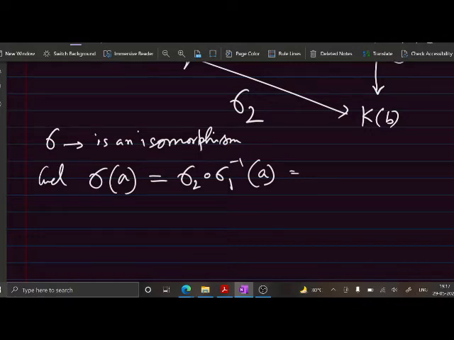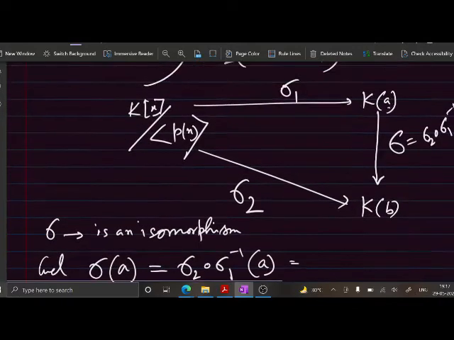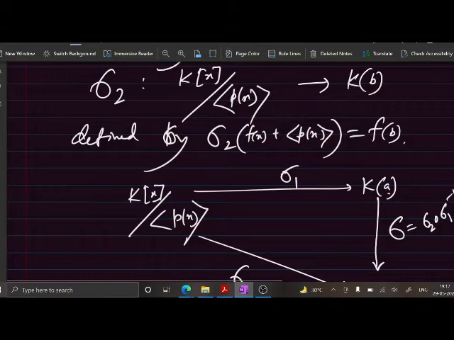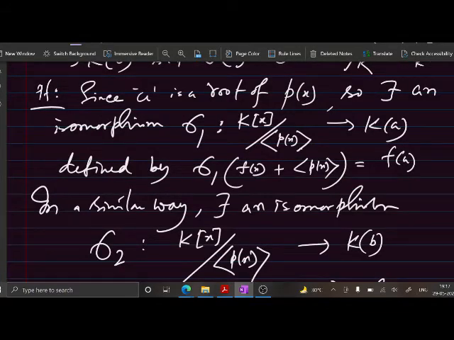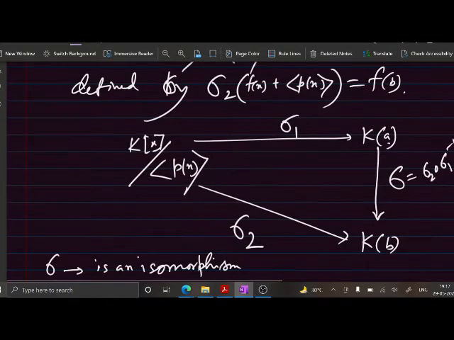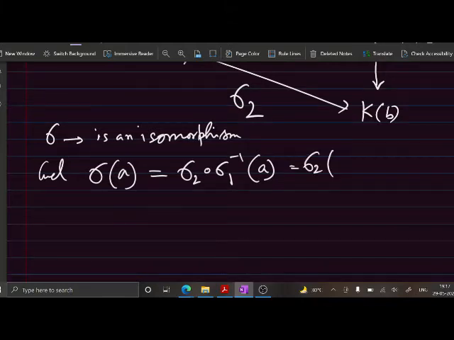Now what is sigma 1 inverse at a? This will be x plus the ideal generated by p(x), right? And then by this sigma 2, this will be mapped to the evaluation at x, that means b.